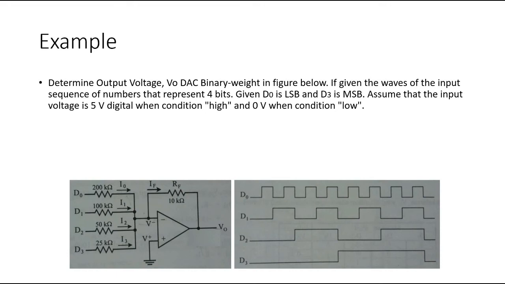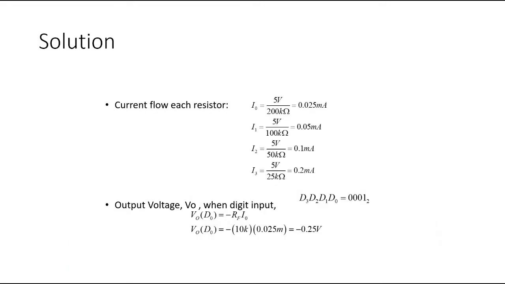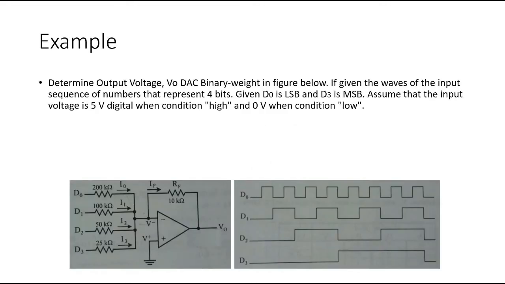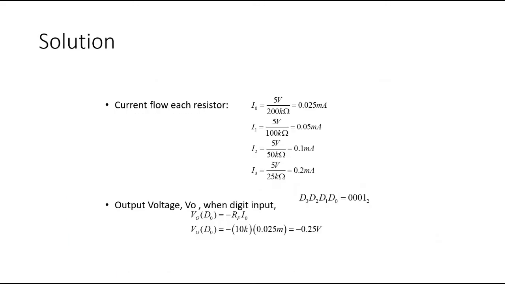Assume that the input voltage is 5 volts when the condition is high and 0 when low. Here the current flowing to each resistor we can calculate for I0, I1, I2, and I3 by using V equal to IR. So I0 equals 0.025 milliamps and until I3 0.2 milliamps.